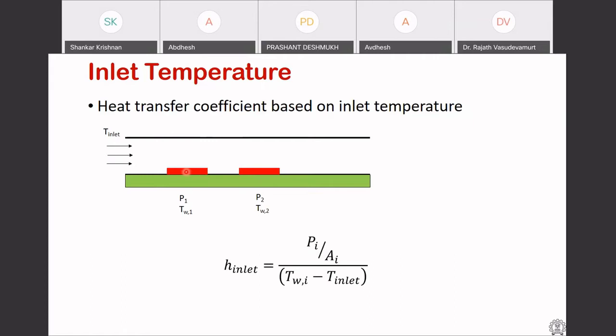Let's assume that there is no heat conduction happening through the green board, the PCB that I'm talking about. It's insulated, and all the heat is dumped into the airstream, just for simple discussion. So the airstream will pick up some amount of heat and its temperature will rise, and this heat source, on the other hand, will also have the same power. Let's assume that P1 and P2 are the same power.